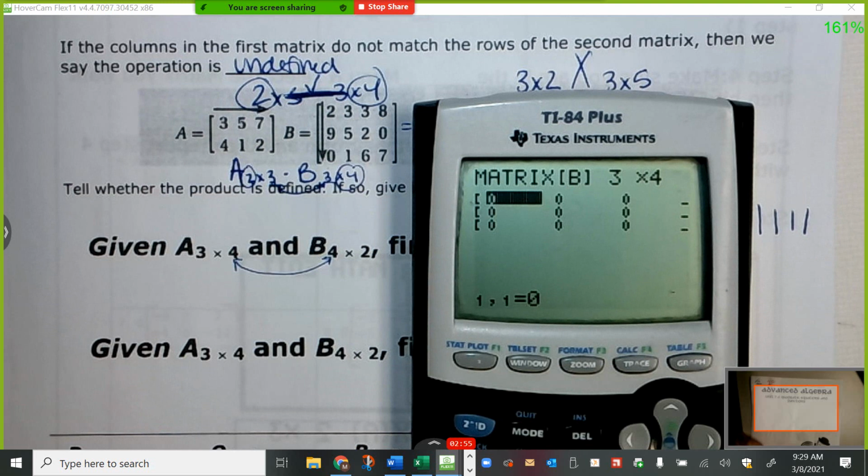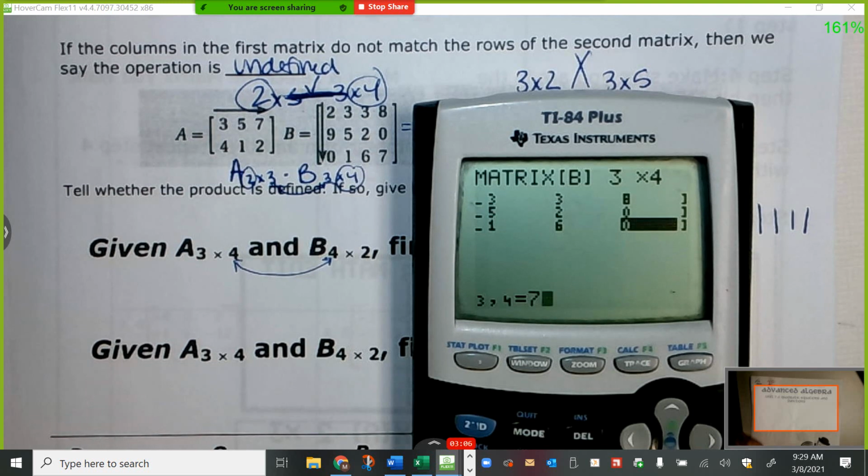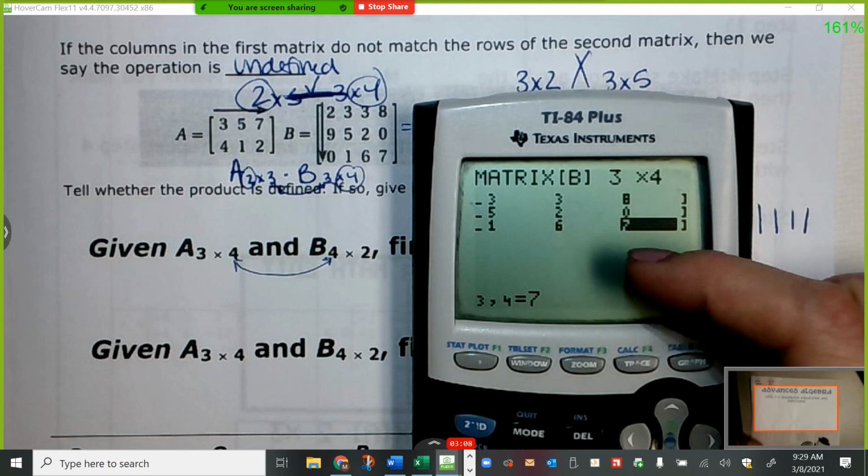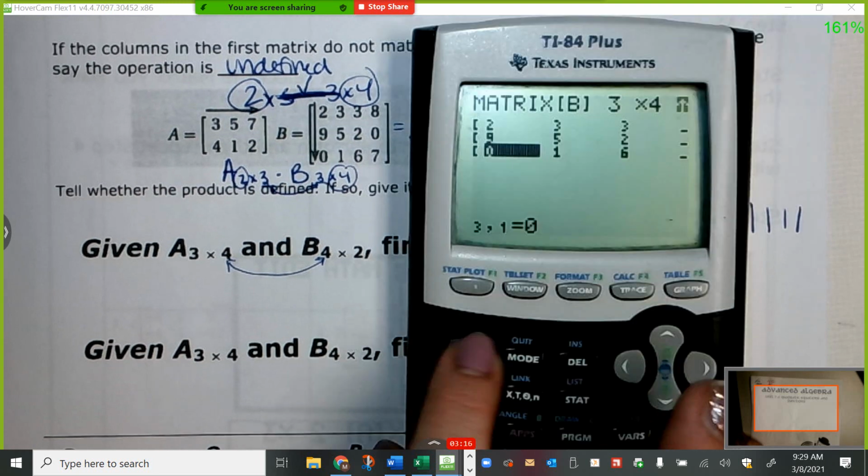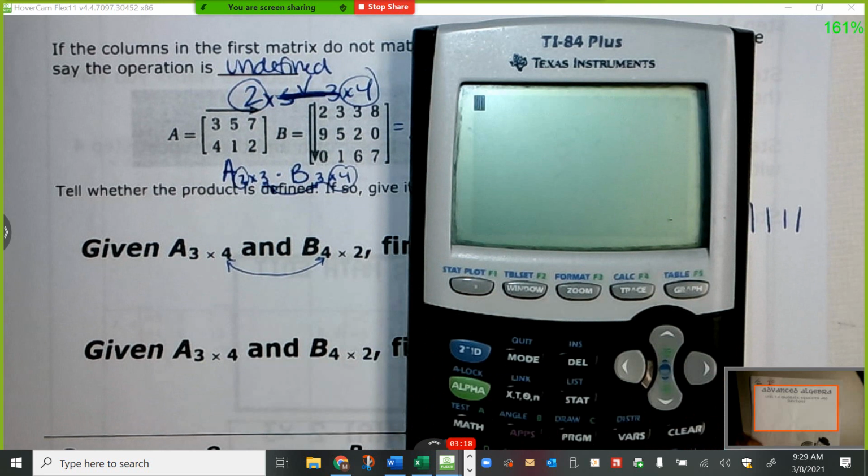So I have 2, 3, 3, 8, 9, 5, 2, 0, 0, 1, 6, 7. So 8, 0, 7, 3, 2, 6, 3, 5, 1, 2, 9, 0. So that's right. Then you hit second, the blue button, mode, which is quit. So it goes back to your home screen.